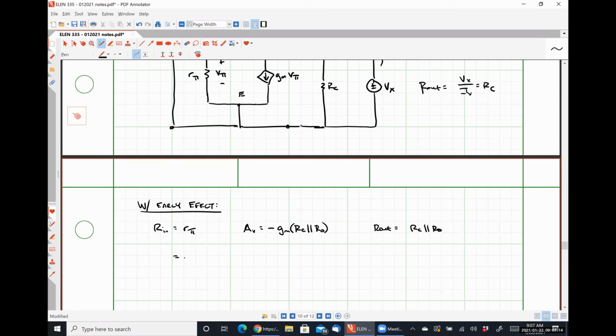Figured this out probably a week and a half ago or thereabouts. Beta over GM. All right.